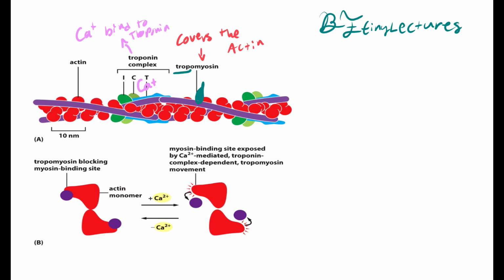And when it pulls the tropomyosin away from the actin, it exposes the actin. And when the actin is exposed, the myosin heads can connect to the actin and cause a muscle contraction. Therefore, we need calcium ions to activate the troponin complex.